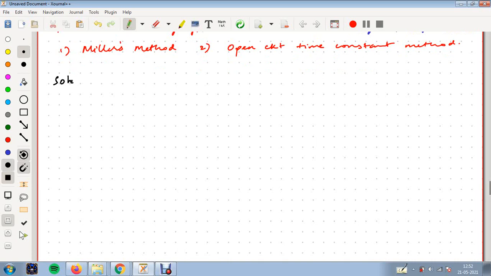Okay, so when given a problem like this, first always draw the high frequency model. So V signal, this is R signal, CGS, then CGD.